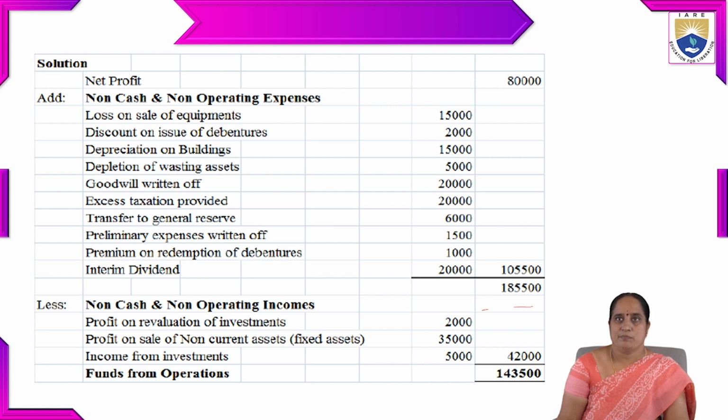So, the first statement is the statement of changes in working capital. Here we have to find out the funds from operations. First, start with the net profit, which is already given, that is 80,000, and to that we have to add non-cash and non-operating expenses.